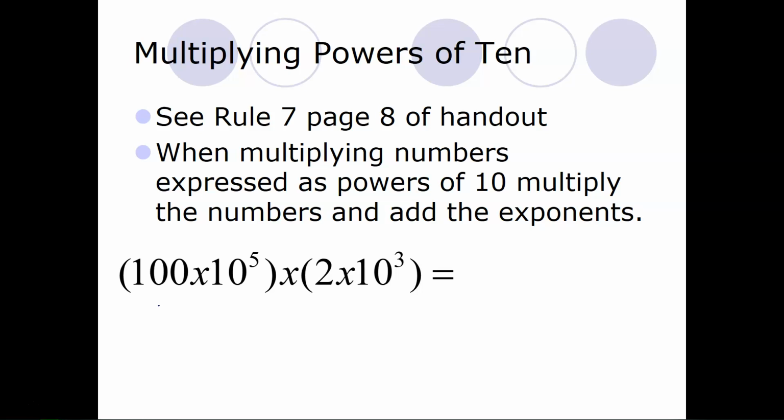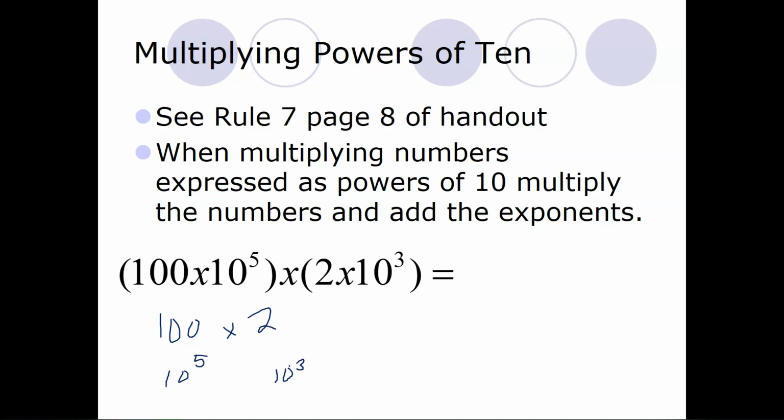So you're going to do the same thing here. You're going to take your numbers like 100, and you're going to multiply it by 2. Then you're going to take your exponents, so you have 10 to the 5th, you have 10 to the 3rd.